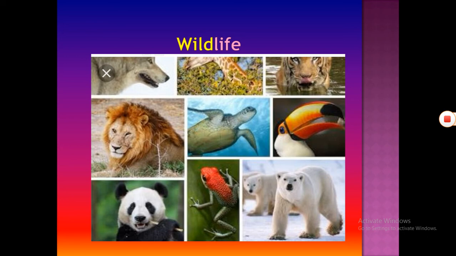Children, listen carefully. We find elephants in the evergreen forest of the Western Ghats and Assam. Rhinos are found in Kaziranga National Park in Assam. Tigers are found in Sundarbans in Bengal and the Jim Corbett National Park in Uttaranchal.